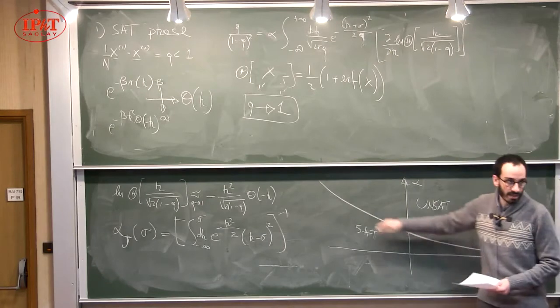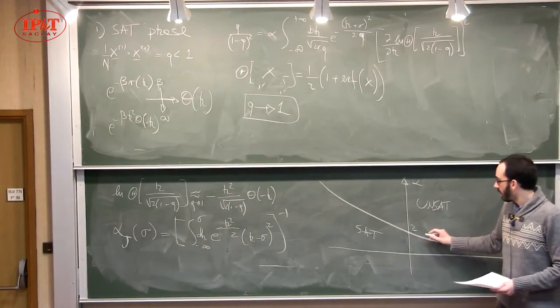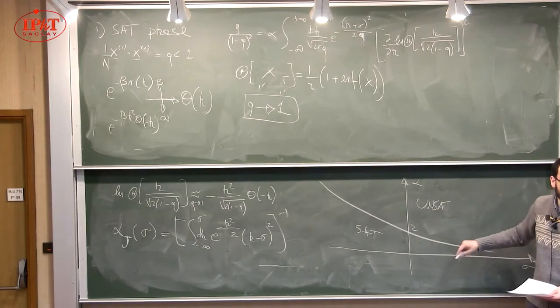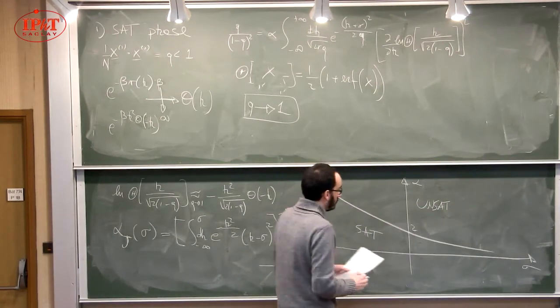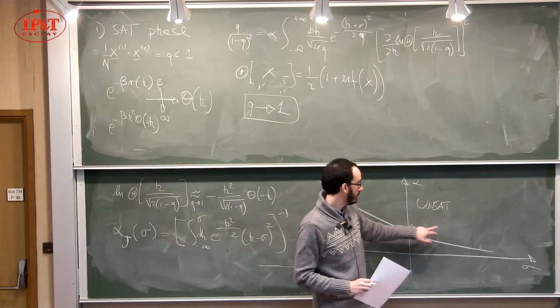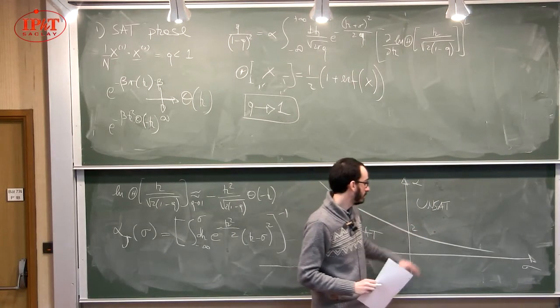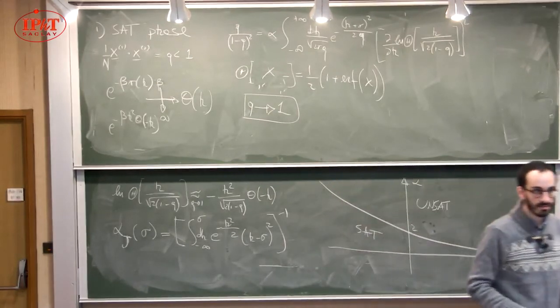And I will obtain, of course, the same line. And then I would like to try to characterize this line a little bit. For example, I would like to compute the number of unsatisfied constraints when I cross this line. And so this I will do next time.